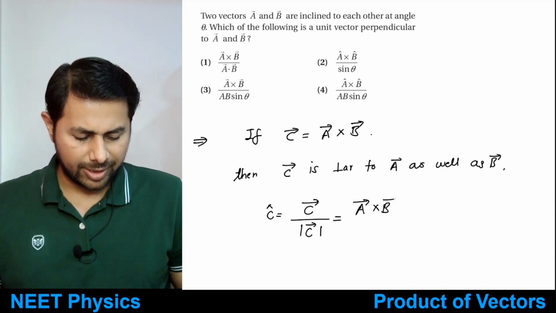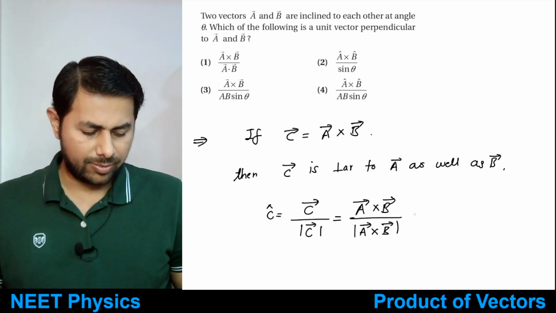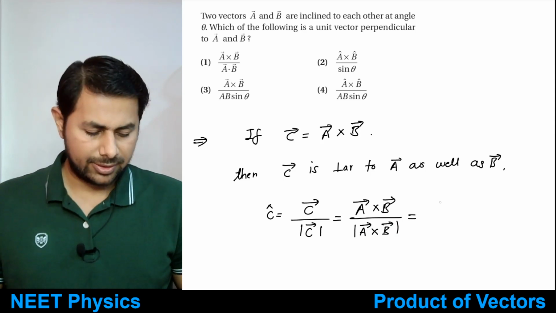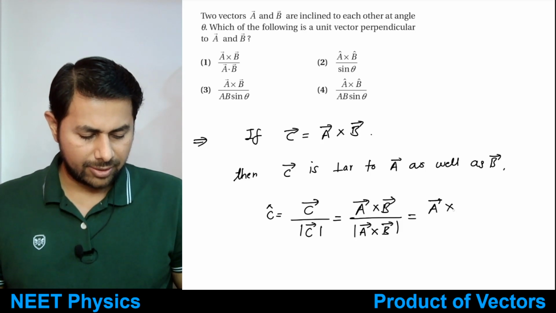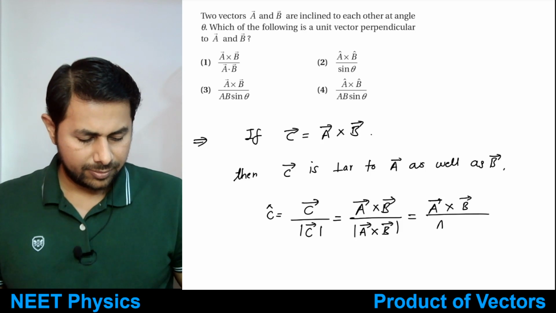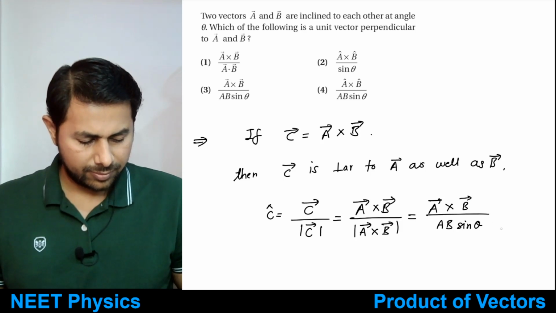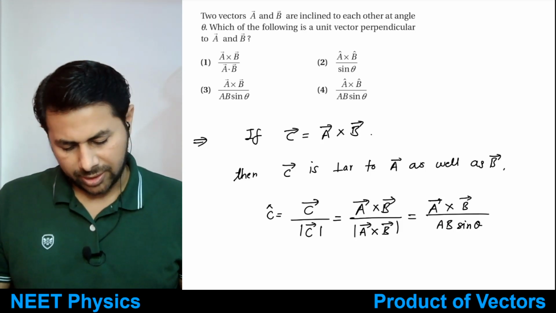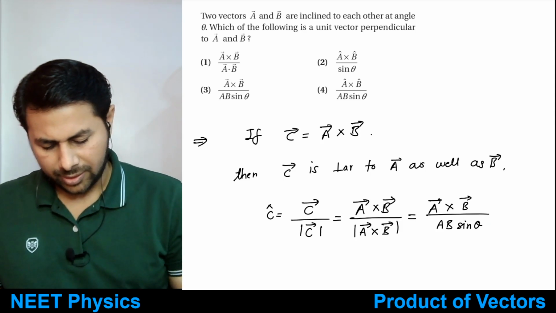A bar cross B bar, and therefore the magnitude of C bar is the magnitude of A bar cross B bar. And what is the magnitude of A bar cross B bar? AB sine theta, and that's why the answer is A bar cross B bar divided by AB sine theta. Right, so which one is correct? It's option 3 or C.